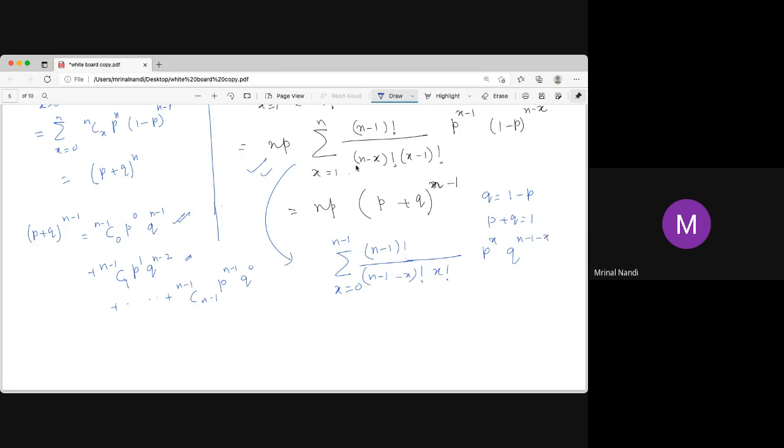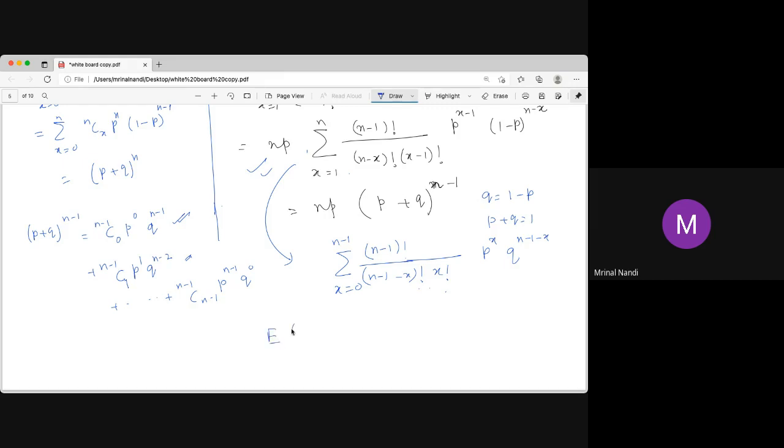You just put x equal to 1 in the upper one and x equal to 0 in the lower one, same expression. You put x equal to 1 in the lower, x equal to 2 in the upper, you get the same. You put n minus 1 in the last one and n in the upper one, you'll get the same thing. Put x minus 1 equal to y, it will be the same thing. So that's how it is, and so we get np.